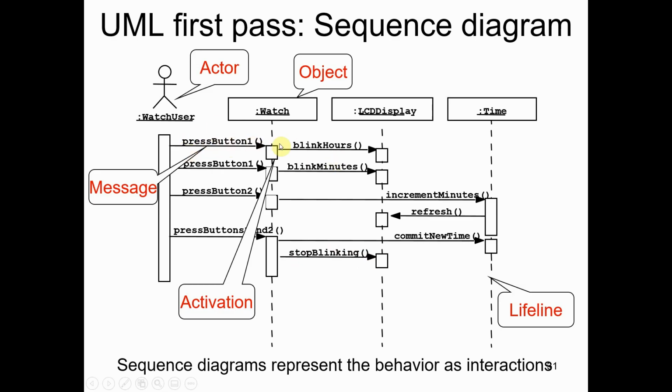The sequence diagram goes vertically in time sequence. So pressing button 1 happens first, and then this triggers the watch object to call the blinking hours of the LCD display object, and so on.